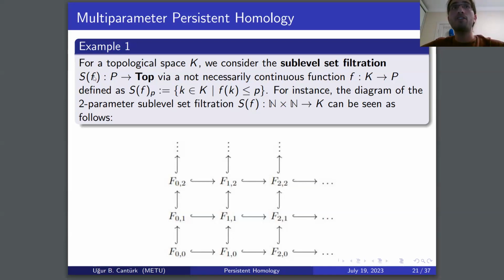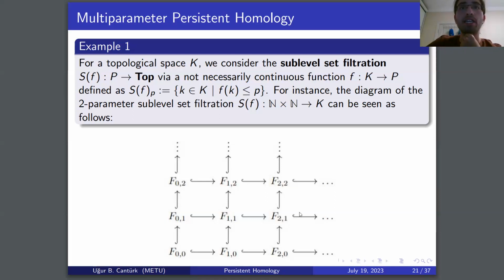Our filtration at the spot p will be made of those k in K such that f of k is smaller than or equal to p. So in each case, if you take a bigger element p in the poset P, then your corresponding topological space will get bigger and bigger. In this way, you again obtain a filtration. So this is the sub-level set filtration from P to Top, and you can understand that this is very similar to inverse image arguments, but in the general case.